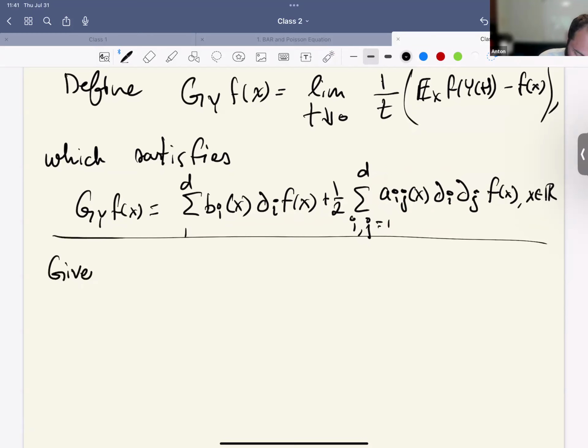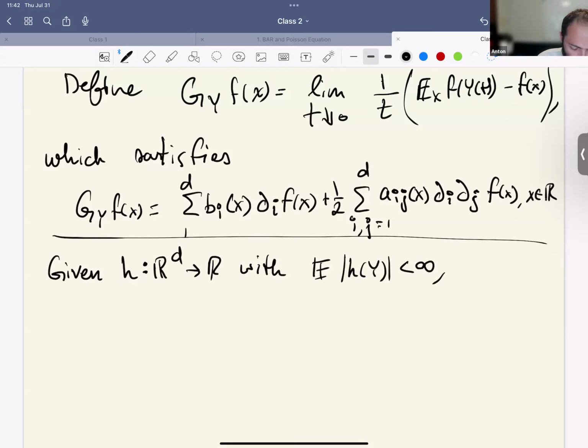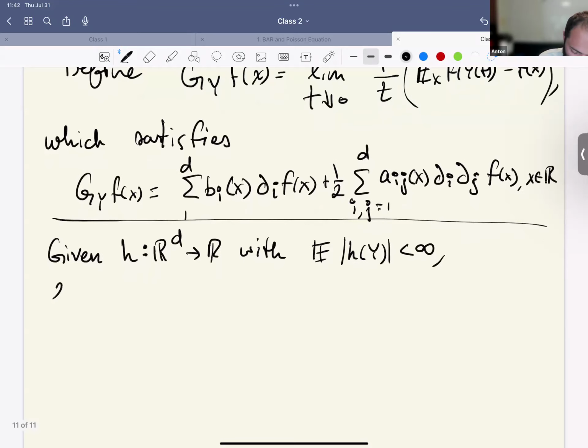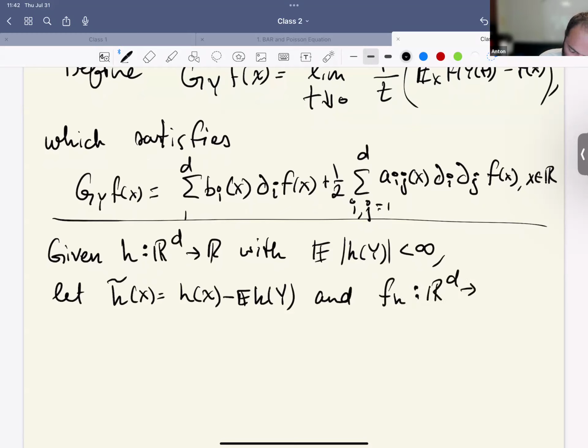What about the Poisson equation? Given h from R^d to R with h being integrable, let h tilde be h(x) minus its expectation, and let this little f be the potential again.